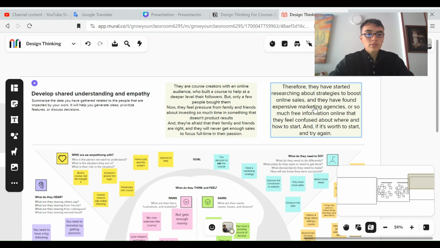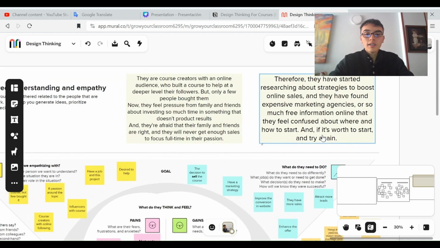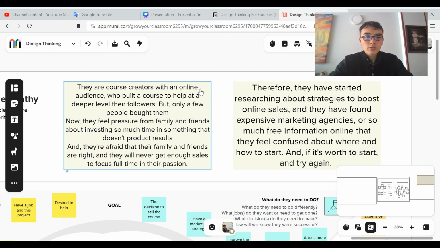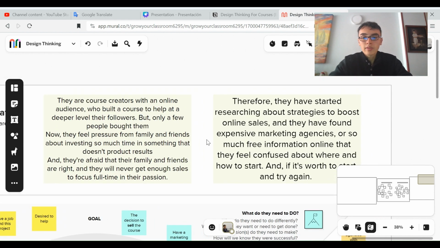The final step is to summarize what you have learned in a little story. So, for example, they are course creators with an online audience who build a course to help their followers at a deeper level, but only a few people bought it. Now they feel pressure from family and friends about investing so much time in something that doesn't produce results, and they are afraid that their family and friends are right and they will never get enough sales to focus full time on their passion.